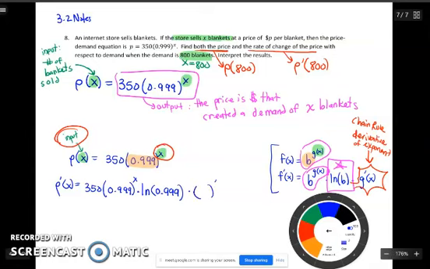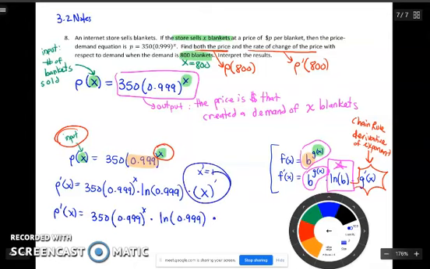Now, in this case, my exponent was just a plain old x. So I'm just tacking on the derivative of a plain old x. And we know that's just 1. So if I wanted to clean this up, then my derivative would just be 350 times my constant base raised to the x power times the natural log of that constant base times 1, but we don't really need that times 1, so I'm not going to write it.